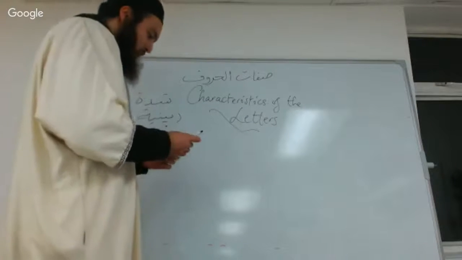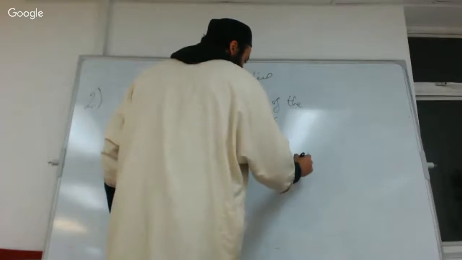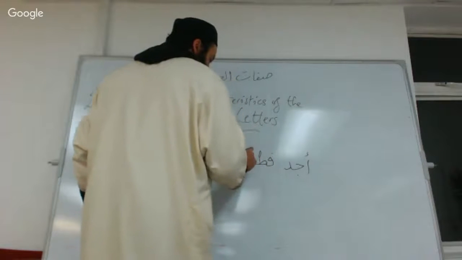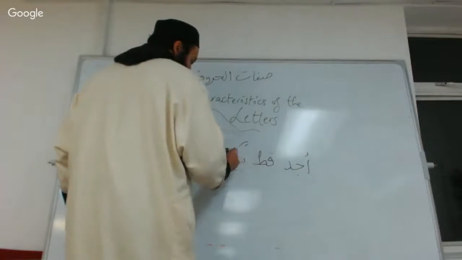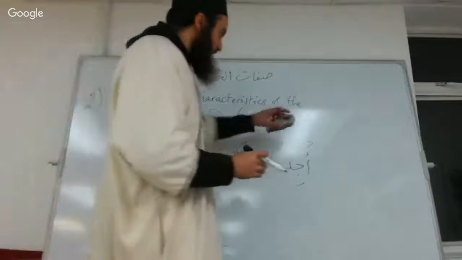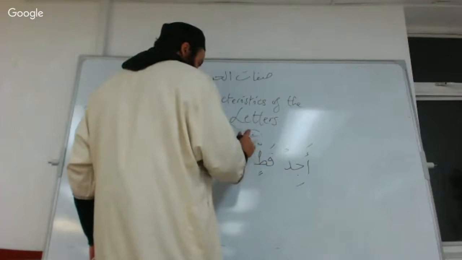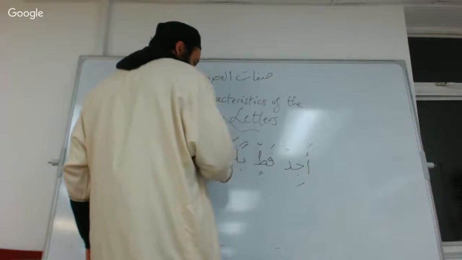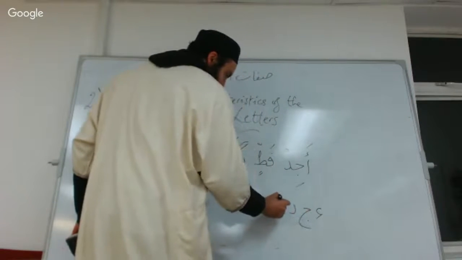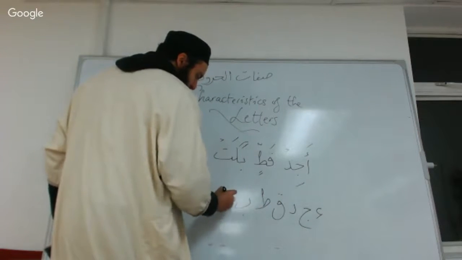Okay, very briefly then, or quickly rather, the letters of shidda are أجد قط بكت: hamza, jim, dal, qaf, ta, ba, kaf, ta.